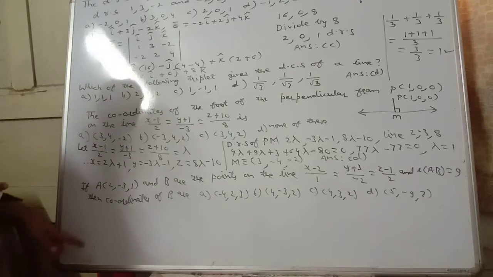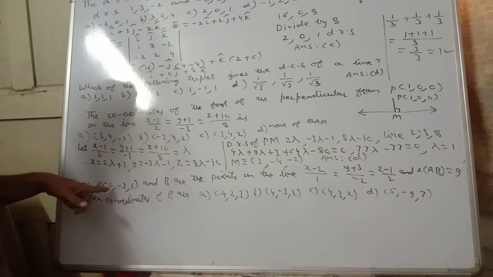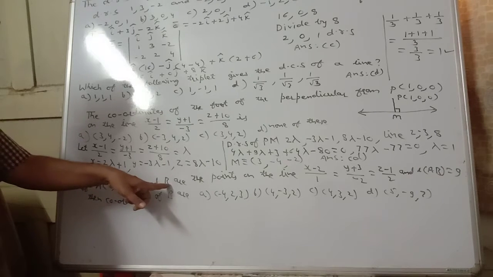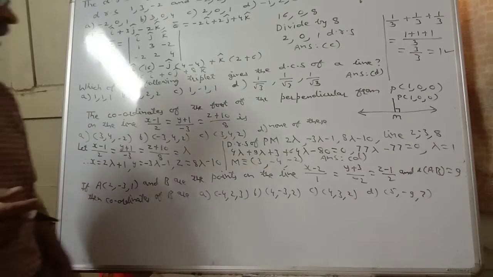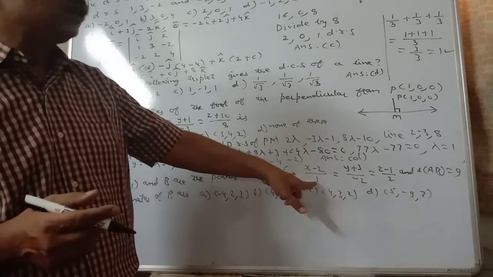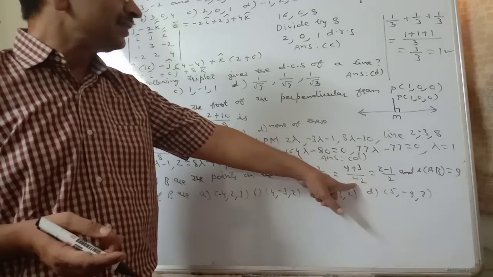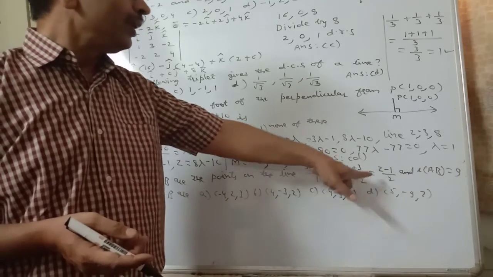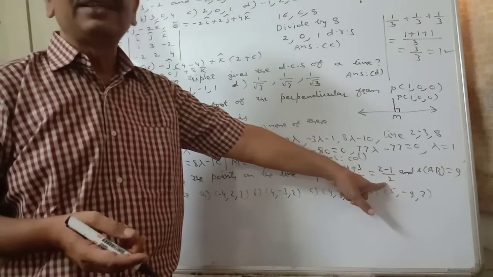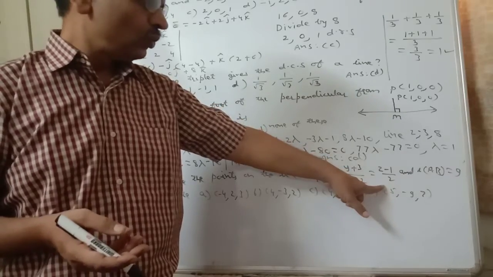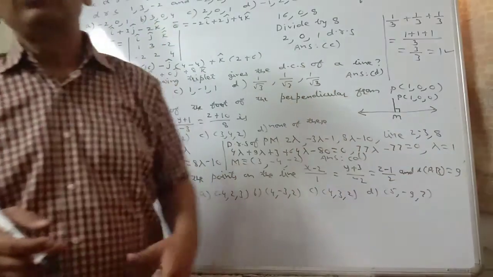Next example. If A (2, minus 3, 1) and B are the points on the line (x minus 2) upon 1 is equal to (y plus 3) upon minus 2 is equal to (z minus 1) upon 2, and length AB equal to 9.